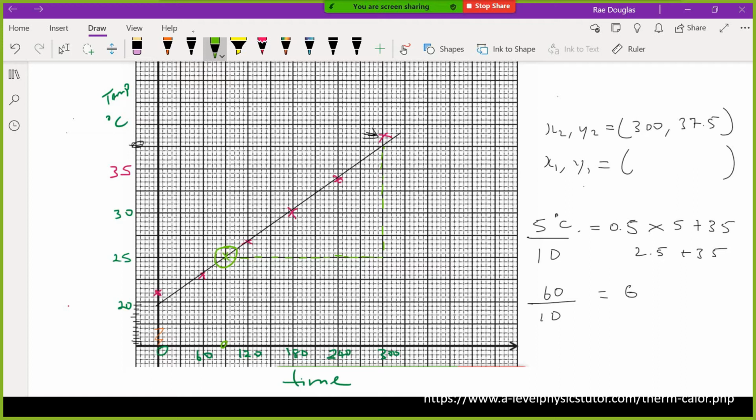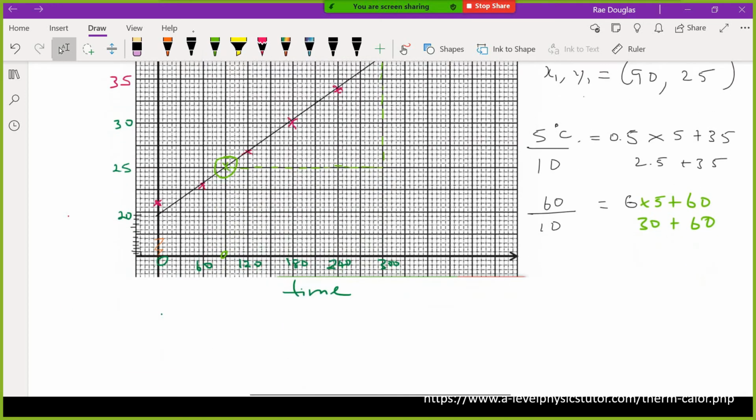So I'm going to say 6 times 5 plus the number below it, which is 60. So 30 plus 60 is going to give me 90. So that is now going to be my x1 point. And then obviously I can easily find out that my y1 is going to be 25.